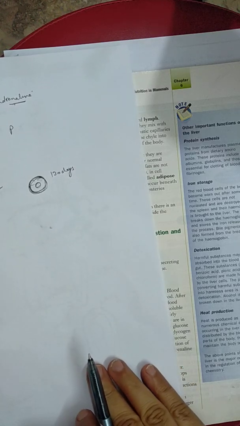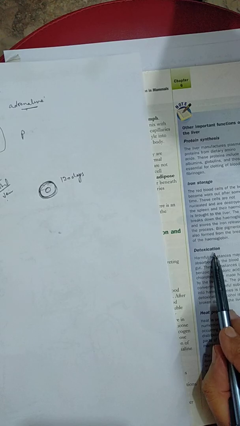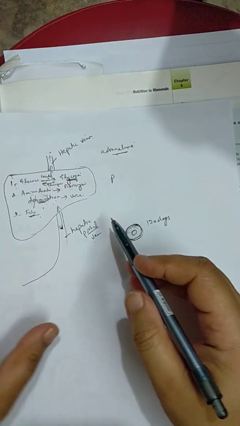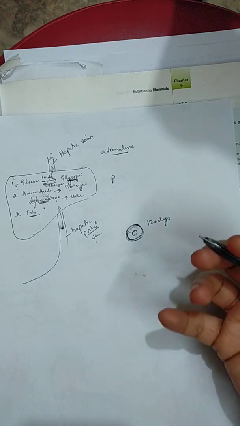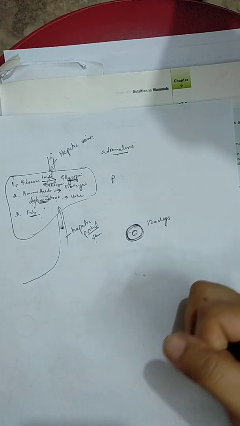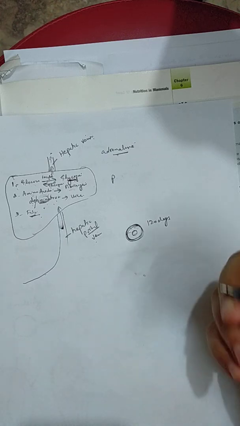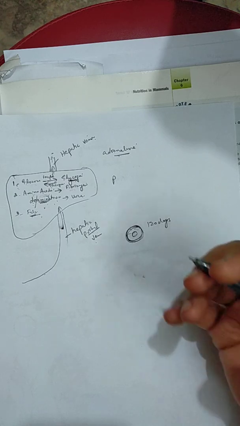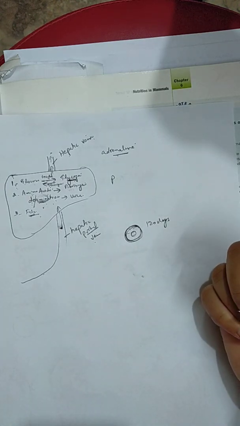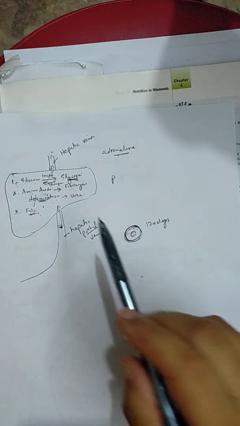Okay. Then one more very important role is detoxification. What is meant by detoxification? We are taking different types of food material. We use different types of food containing different chemicals, containing different types of dyes. Different preserving materials are present in the food when we are taking food from different types of cans.